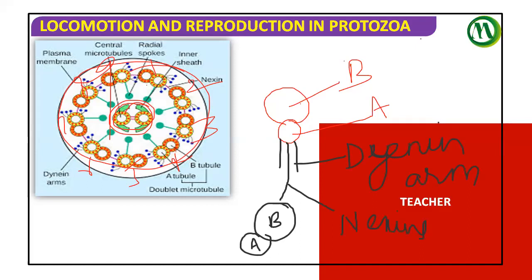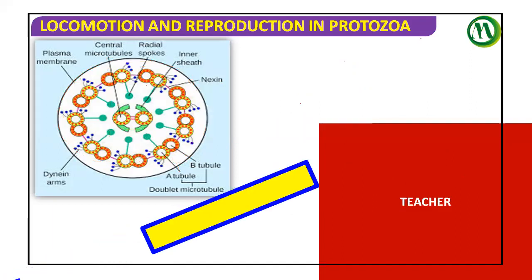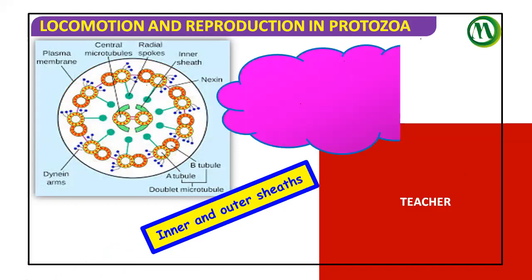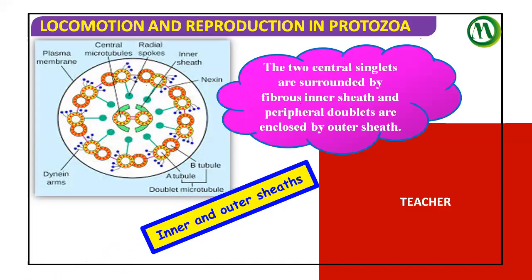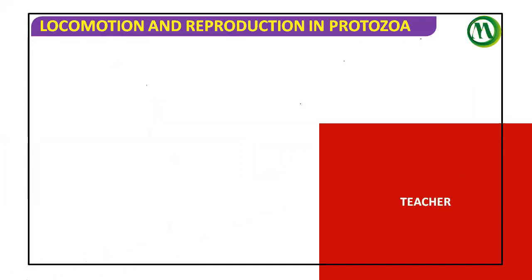I will show the full diagram also, but let us try to recognize and represent them. Then next, let's continue here. The inner and outer sheaths: the two central singlets are surrounded by the fibrous inner sheath, and the peripheral doublets are enclosed by the outer sheath.